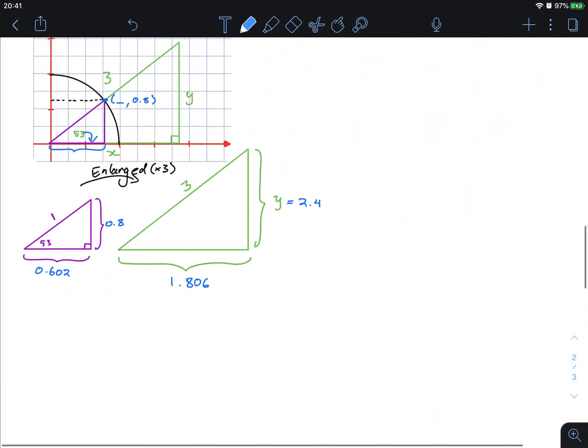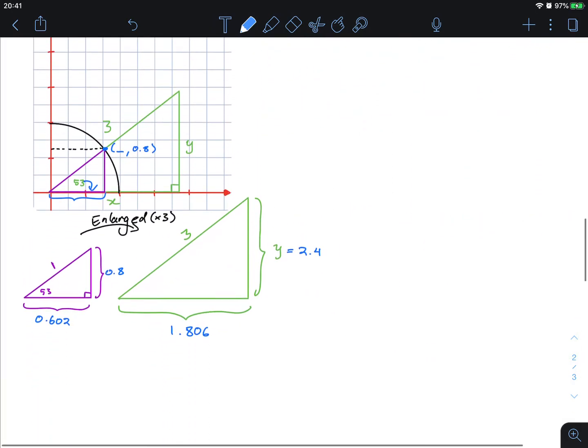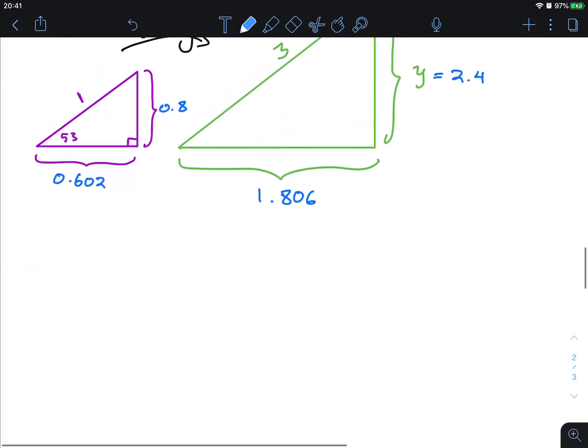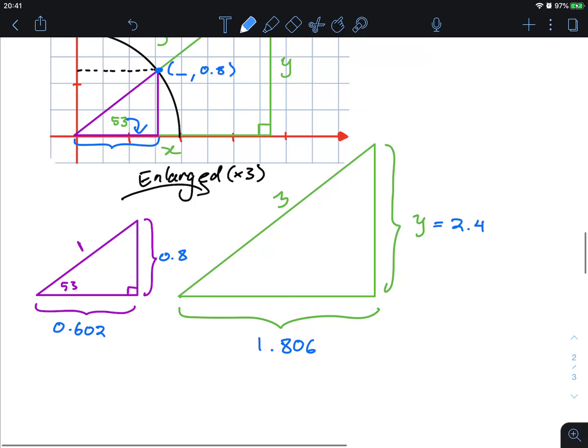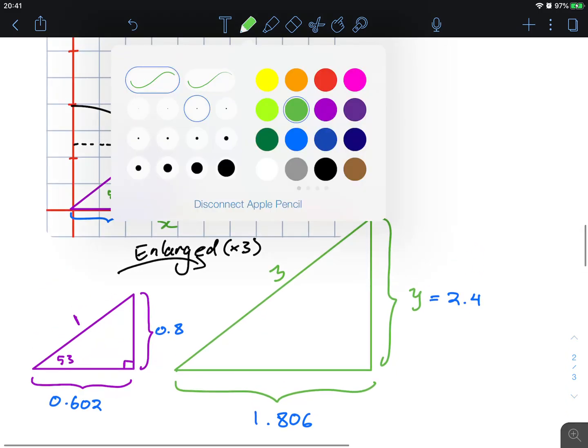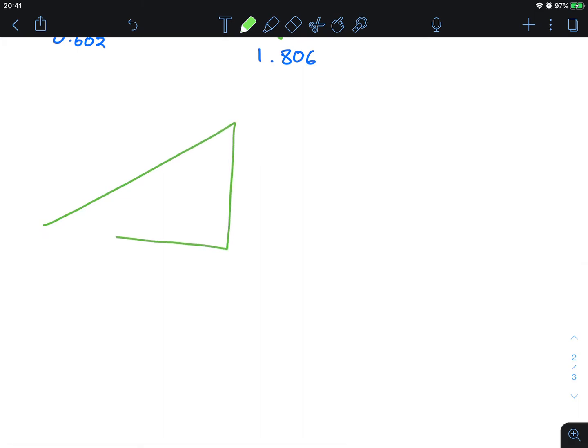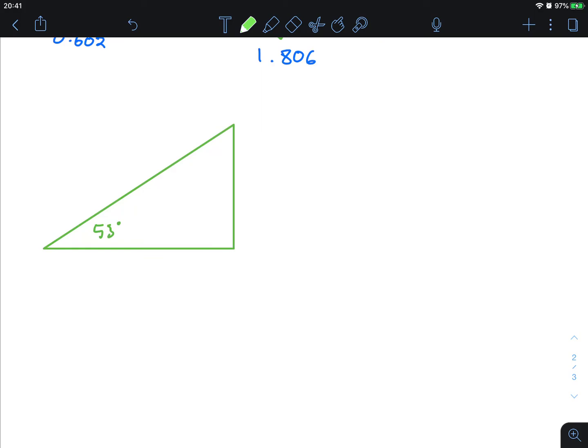1.806. But now let's compare what we just did to the regular process that we would normally do. So for example, let's draw this triangle again. If we wanted to find the triangle that we drew, that's 53 degrees. 3 is the hypotenuse, and this one here is y.